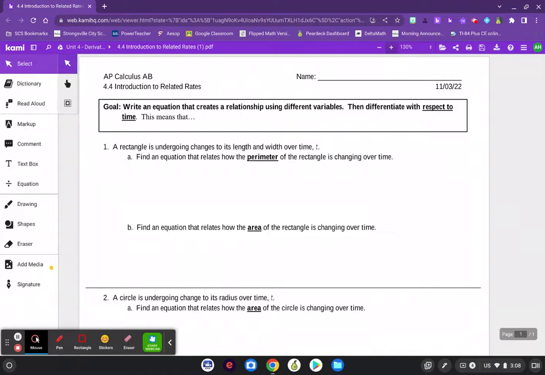So the goal is to write an equation that creates a relationship using different variables, then differentiate with respect to time. These problems are a little bit different because time is always going to be our independent variable.